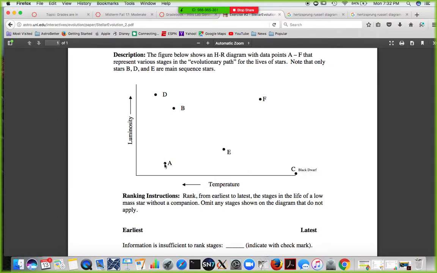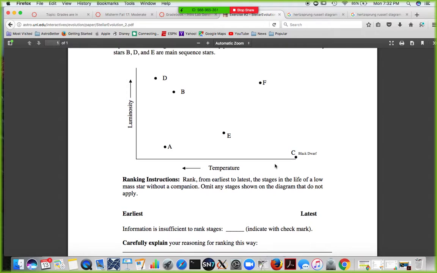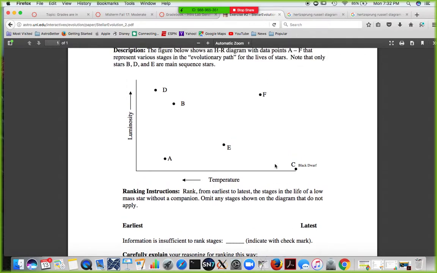A black dwarf is a white dwarf like star A that, as it cools down and loses energy, becomes what's technically called a black dwarf. But anyway, rank from the earliest to the latest the stages in the life of a low mass star without a companion. Omit any stage showing in the figure that does not apply.